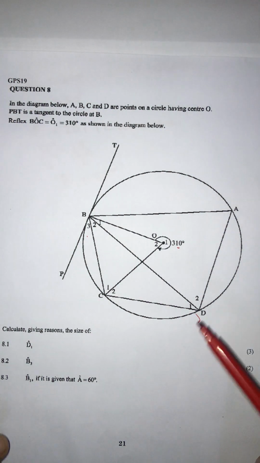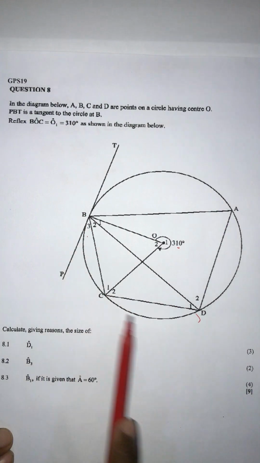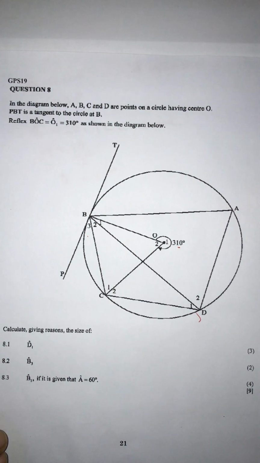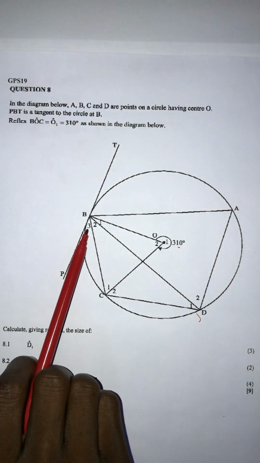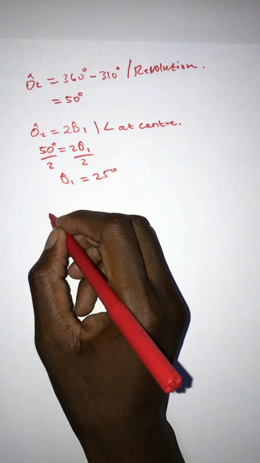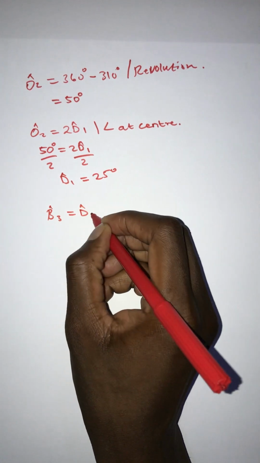So let's check triangle BCD. In triangle BCD, there is D1 there, the angle in the alternate segment. So that means D1 is equal to angle B3. So we're going to say angle B3 is equal to angle D1.